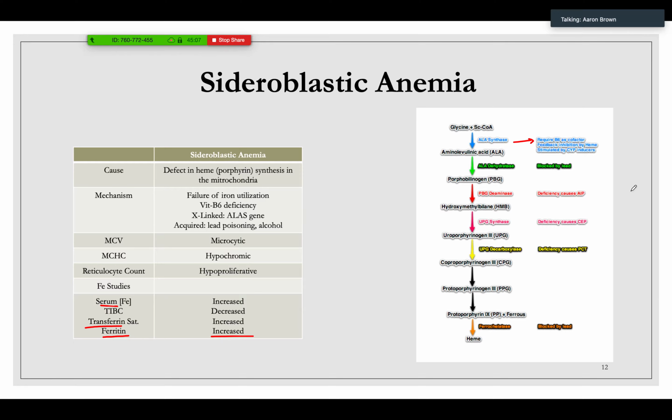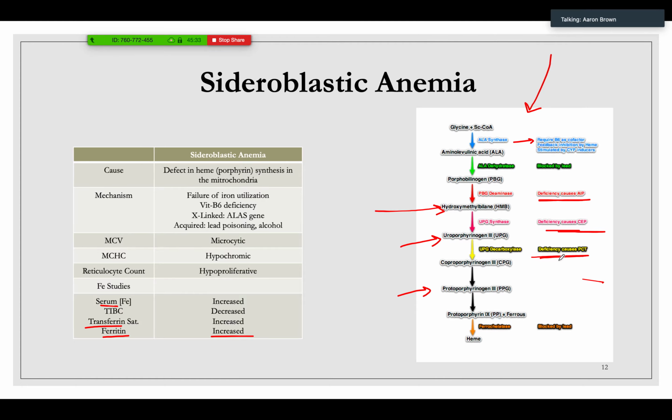Great. And so when you download this PDF, take a look at this diagram and really try and get a good idea. It's not that important to know all of these names. This is not terribly important, especially these ones towards the bottom where there's not even anything written. But some of these conditions, AIP, PCT, CEP, these are all conditions that get asked about.